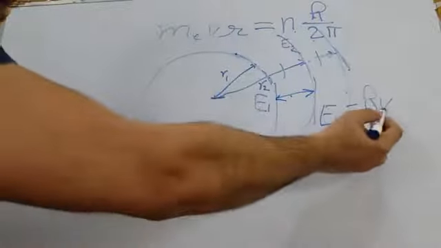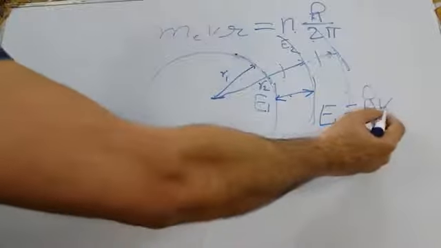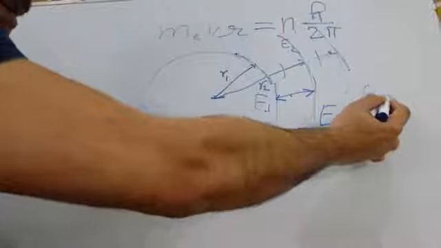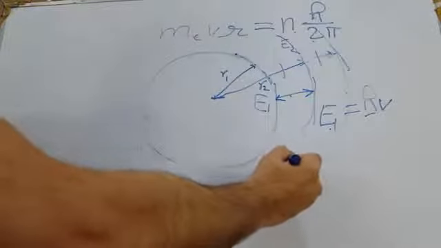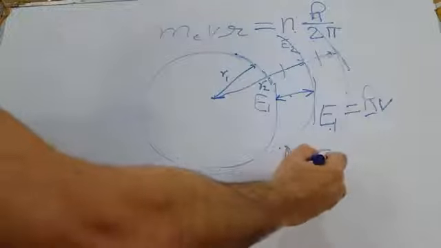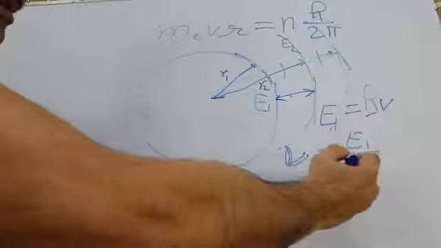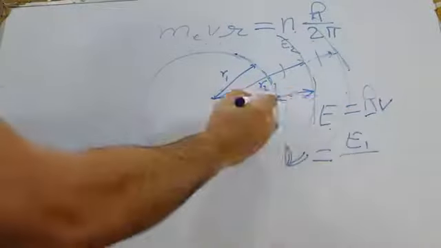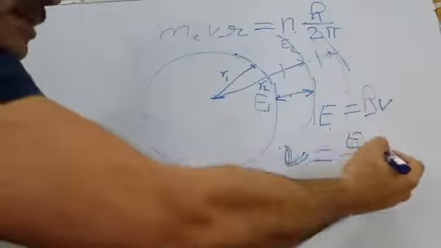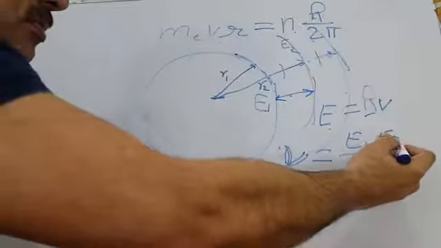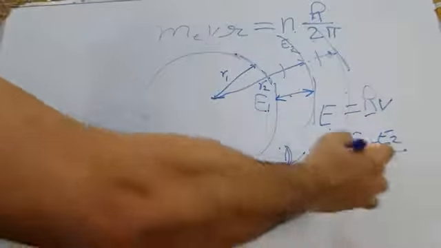E1 would be equal to h nu, where h is Planck's constant. If we know the energy, we can come to know about the frequency emitted. Means nu, the frequency emitted, would be equal to the energy difference between E1 and E2, means E1 minus E2, upon h.